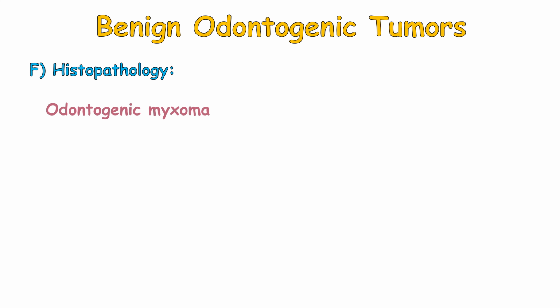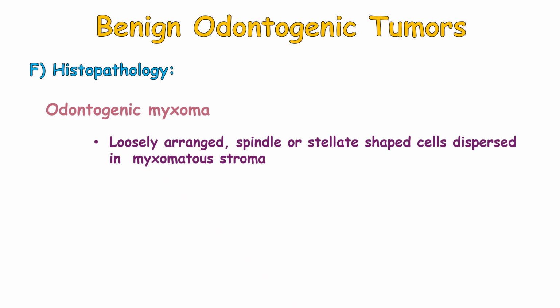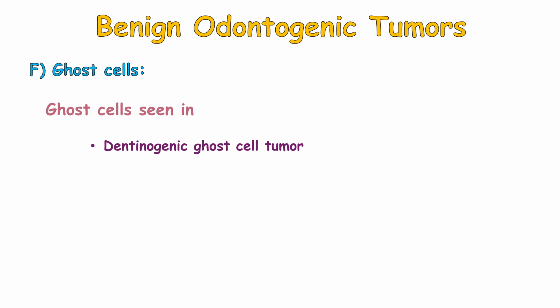Next, odontogenic myxoma. It has loosely arranged spindle or stellate shaped cells dispersed in myxomatous stroma. It has a mucoid-like material. Ghost cells. Ghost cells are mainly seen in three tumors, that is dentinogenic ghost cell tumor.